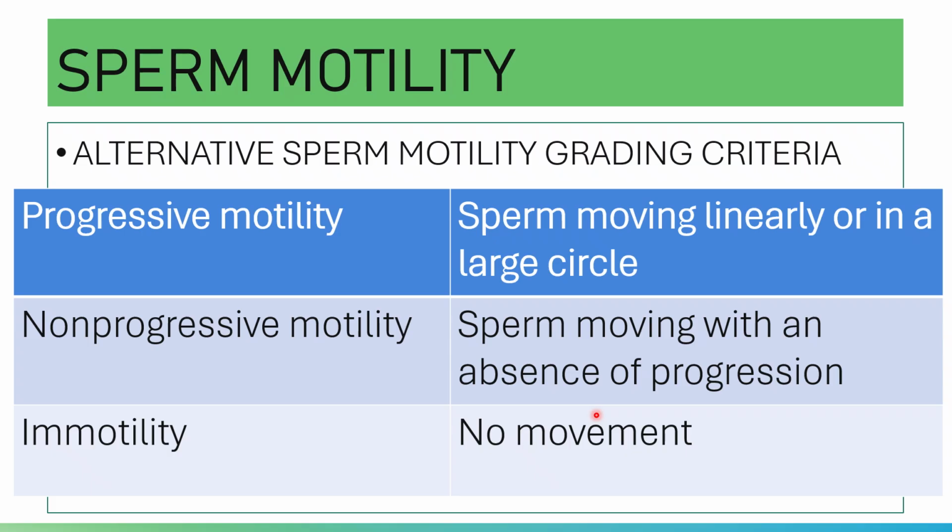If you have a high percentage of immotile sperm, that requires further evaluation. But it is a good thing if you have a high percentage of progressive sperm, or sperm cells that are progressive in movement.